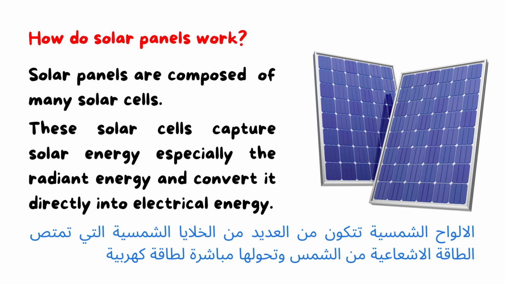These solar cells absorb or capture solar energy, especially what? The radiant energy. So the solar cells capture the solar energy, especially the radiant energy. We talked about radiant energy last time, and we know that radiant energy or radiation is one type of energy from the sunlight, from the solar energy.